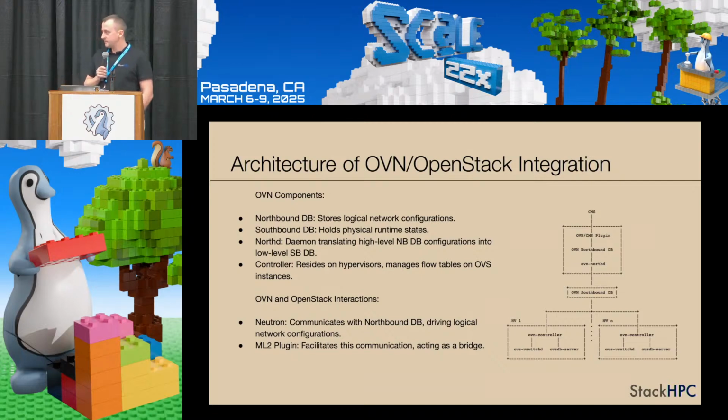So in our case, Neutron as the CMS communicates with the northbound database, and like I mentioned, the ML2 OVN driver in Neutron communicates with the northbound database.